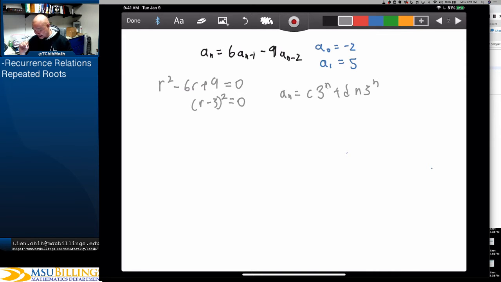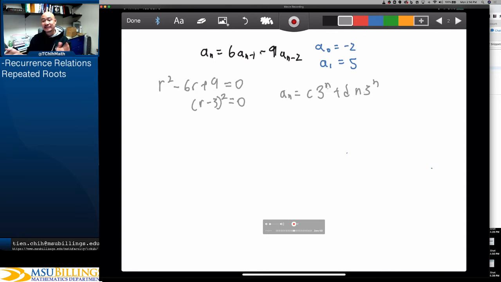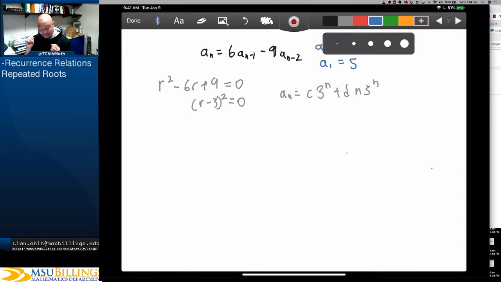Now, my right hand side here is a solution to every single possible sequence that satisfies this recursion here. But not every choice of c and d gives us those two initial conditions. In order to see that, we need to evaluate.